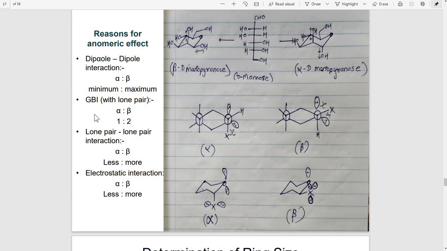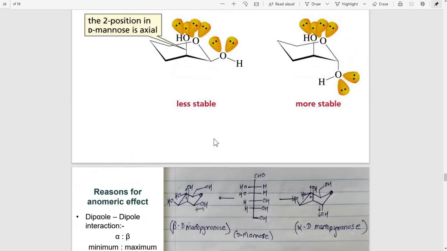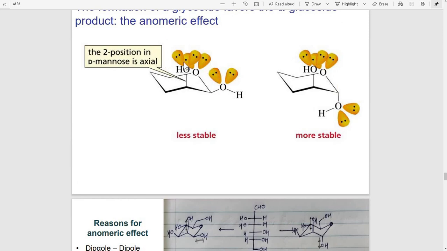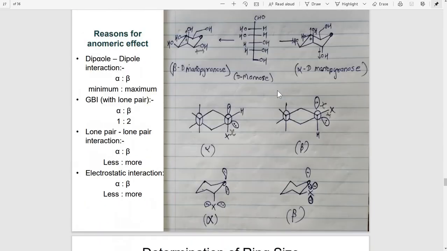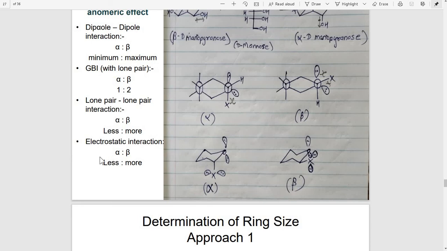That's why alpha is more stable and beta is less stable. Next, lone pair interaction. We have seen in the previous slide that the lone pair interaction in the beta compound is more and in the alpha compound is less. Okay. Last is electrostatic interaction. In electrostatic interaction, alpha is less and beta is more.